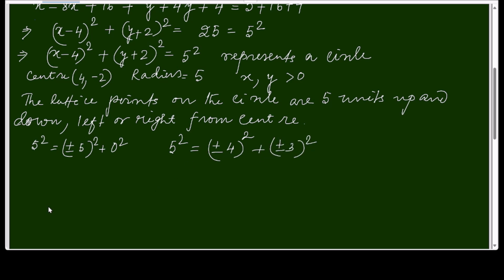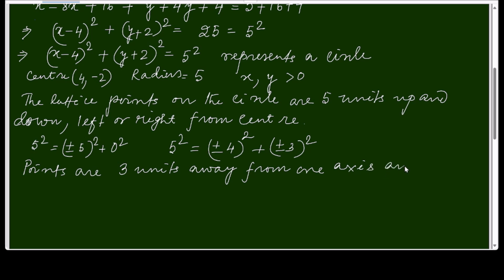So the points are three units away from one axis, four units from the other axis.